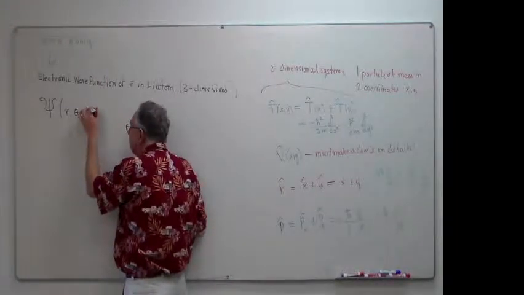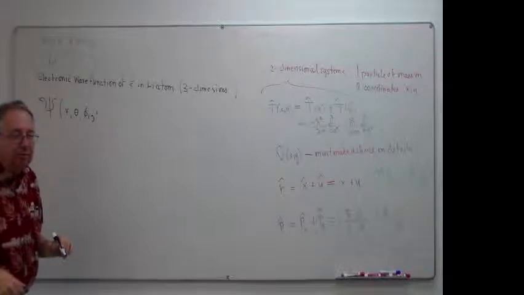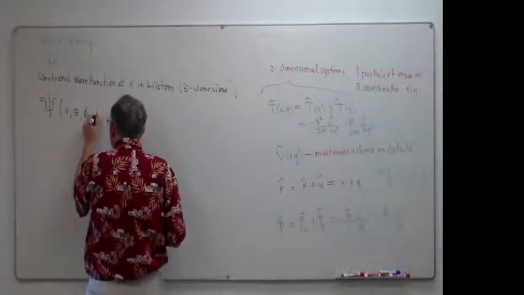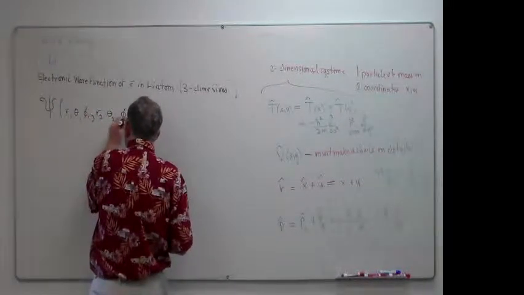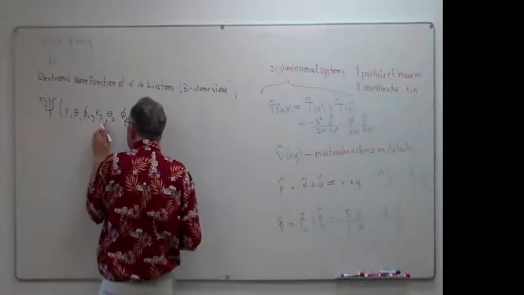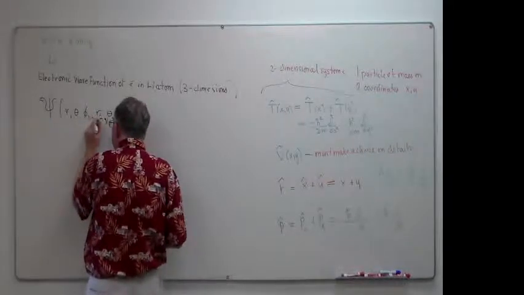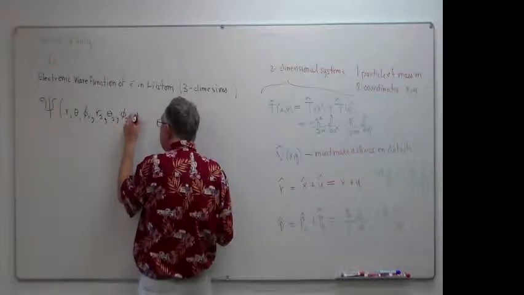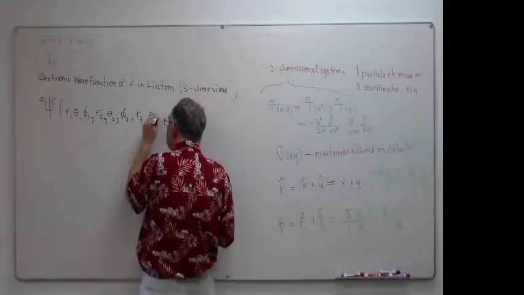What do we write here? So r2, theta 2, phi 2, all in one parenthesis. Okay, so we got 2/3 of the coordinates. What's the other one, Ed? r3, theta 3, phi 3.